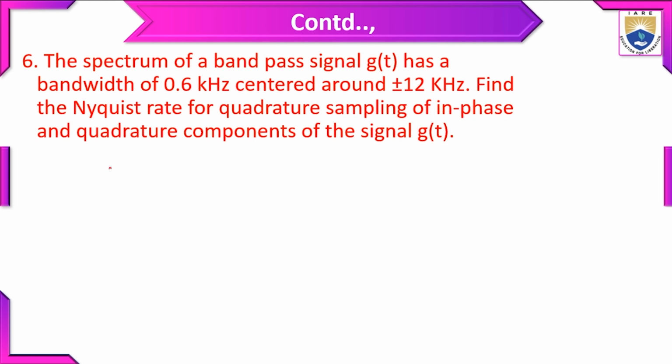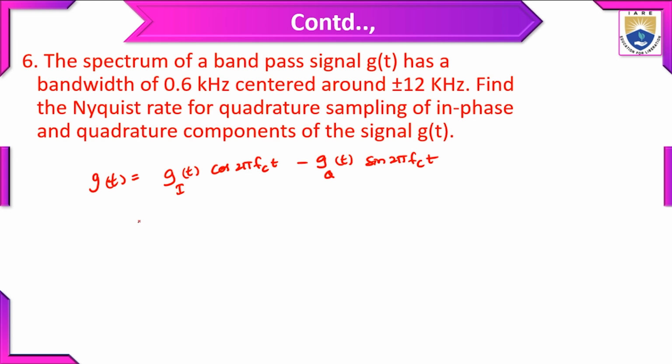So g of t you can write as g I of t cos 2 pi fct minus g q of t sin 2 pi fct. For g of t, the bandpass signal contains both the in-phase and quadrature components.